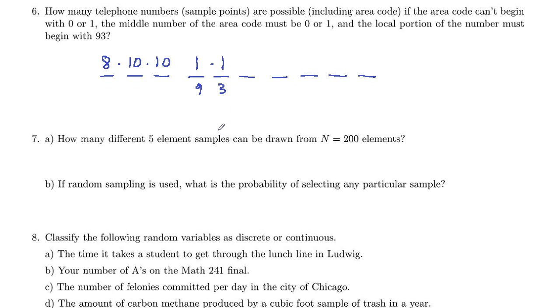Oh, the middle number of the area code must be 0 or 1, so only 2 choices allowed there. Sorry about that. And then that last digit, no restrictions there. The local portion has to start with 93, but no more restrictions, so these are all 10s.